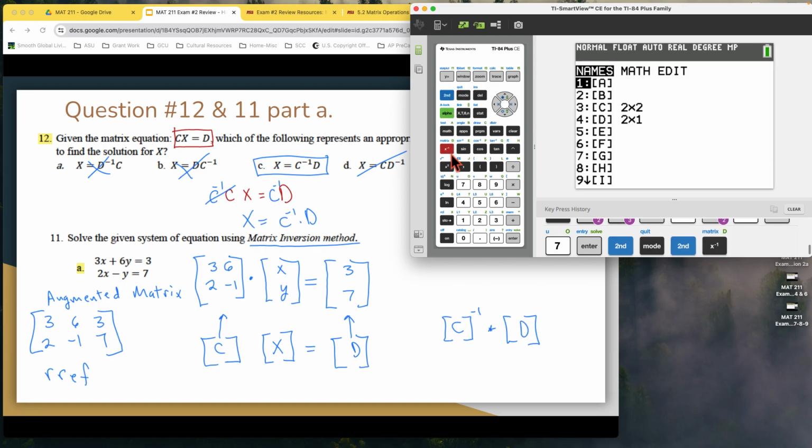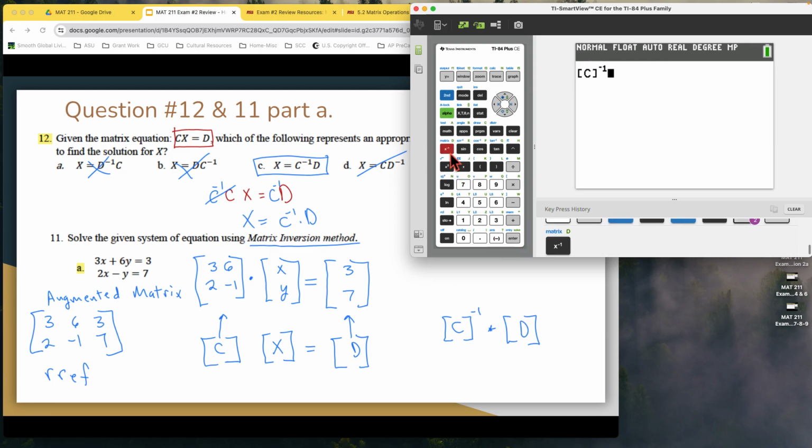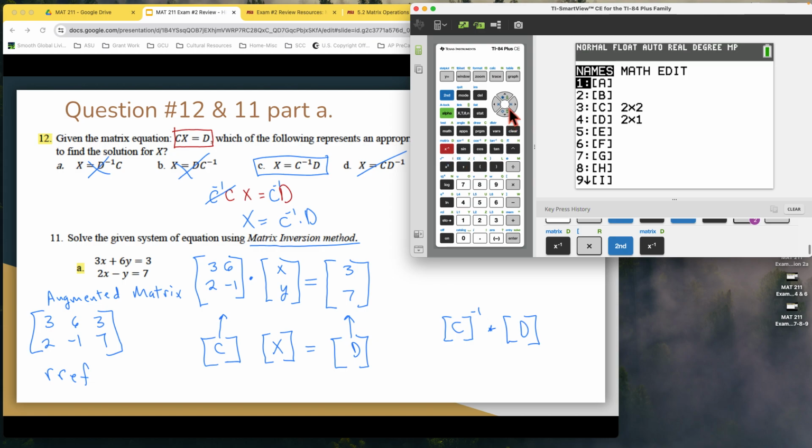We come here, we're going to take C, so we're using its name. We take its inverse, right, because this is what we're doing right here, the solution. And then I think you need this multiplication times D. If not, I've gotten so used to having it, it don't hurt, but it might not work if you just write them next to each other.